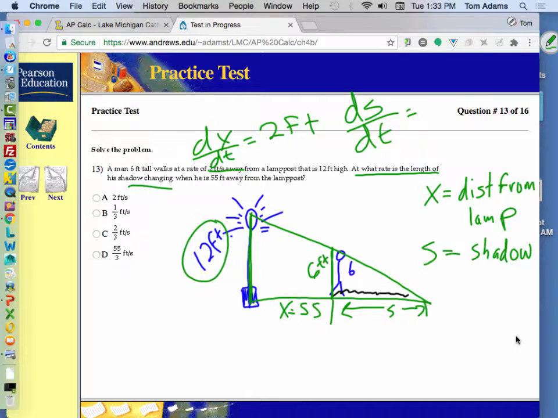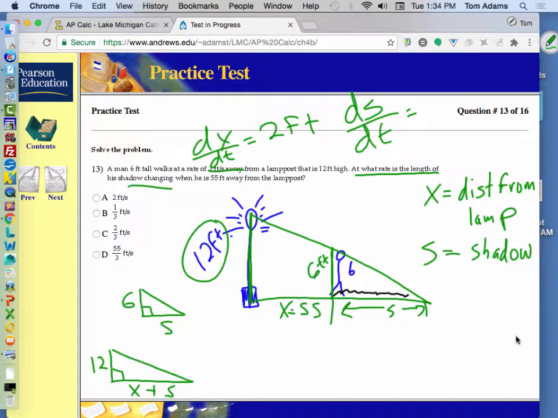And so let's think about this. We have similar triangles. So I have one triangle that looks like this, right? The little triangle, which is 6 by s. And then I have another triangle that's 12, and then x plus s.